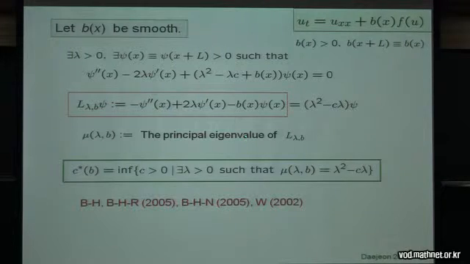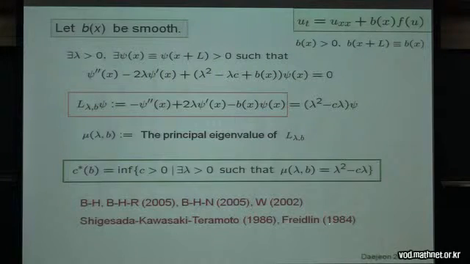Weinberger does not write it down explicitly, but from his abstract theory, the same principle follows. And it turns out that also in this periodic case, c star turns out to be the spreading speed, which is already studied by Freidlin in 1984 for the spreading speed by a probabilistic method.